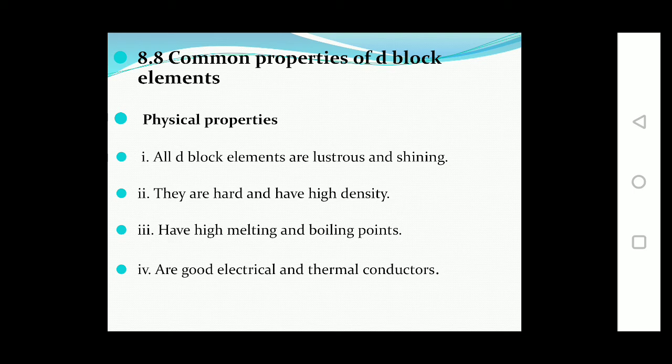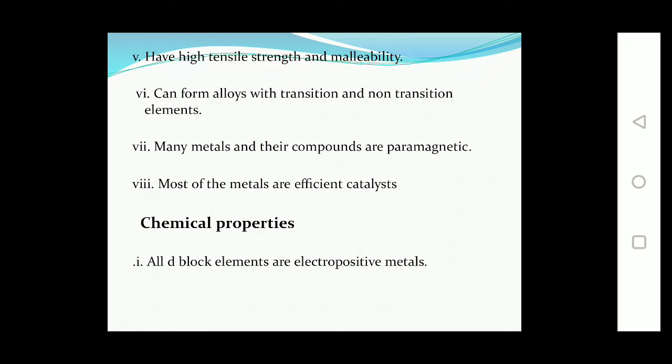Because of their hardness, they have high melting and boiling points. As these are metals, they are good electrical and thermal conductors. They have high tensile strength and malleability. As you know, all metals are ductile and malleable.